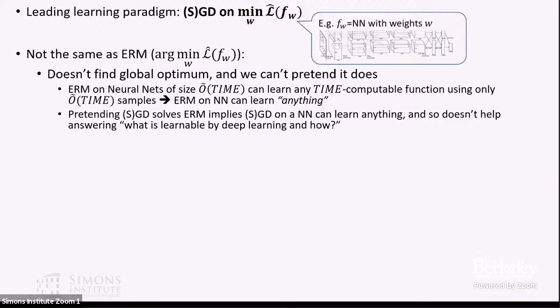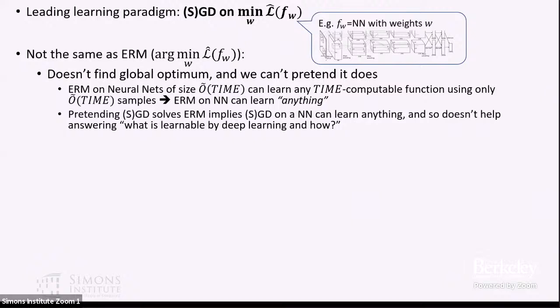And we don't know what this magic property is. Pretending we find the global minima gets us no insight into that at all, so we can't just pretend we do ERM.